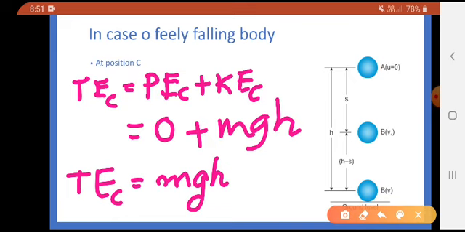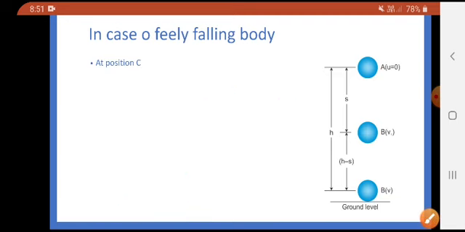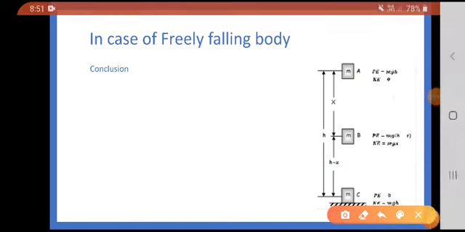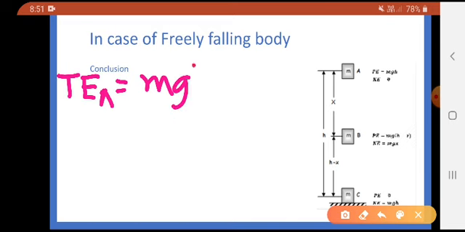Right? So we got the total energies at position A, position B and position C. Total energy at A equals mgh plus 0.